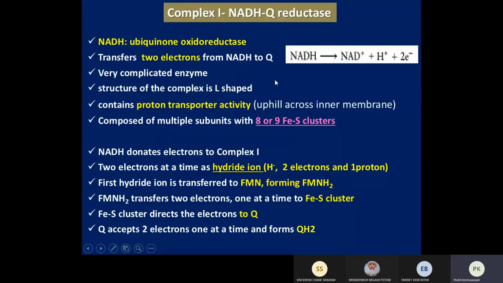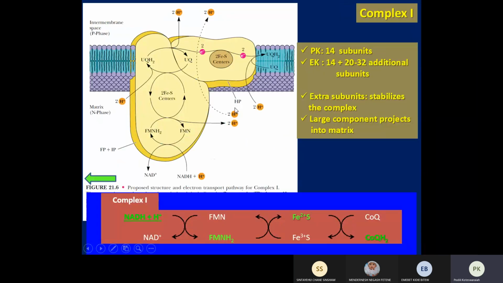The FMN is the cofactor, and it has 8 to 9 iron sulfur clusters. This complex 1 is a very complicated enzyme, and it has proton transporter activity. As I already said, complex 1 is involved in translocating 4 protons.